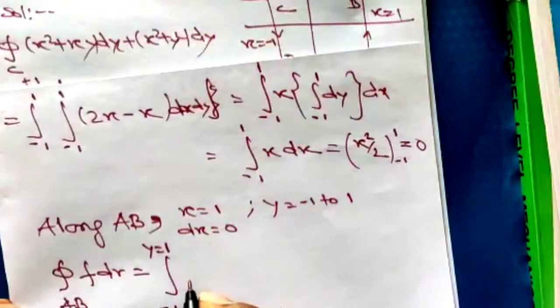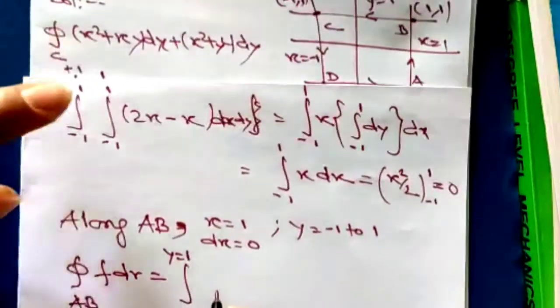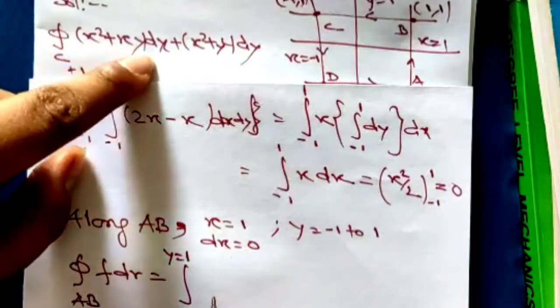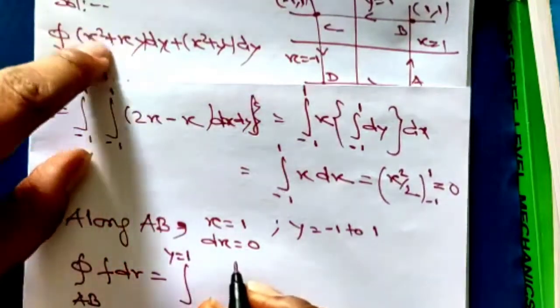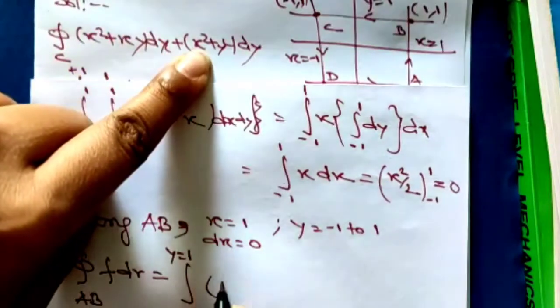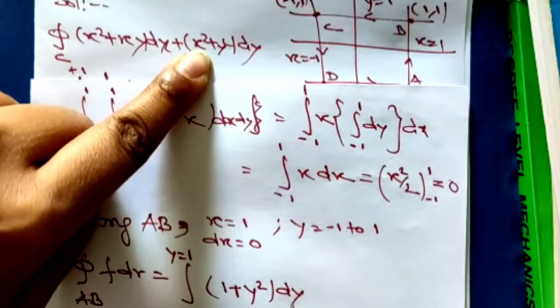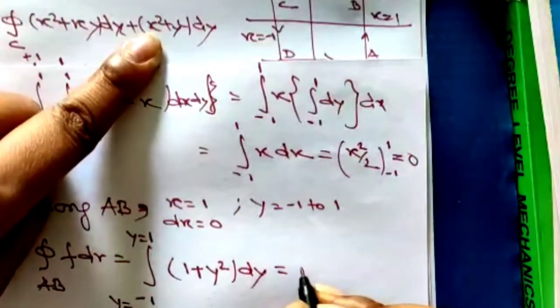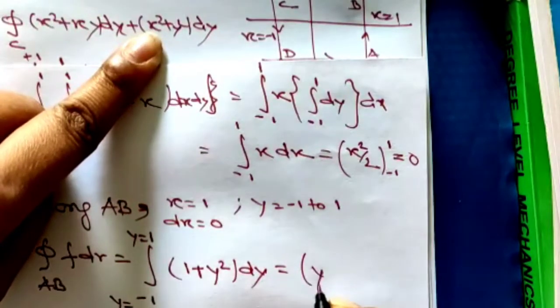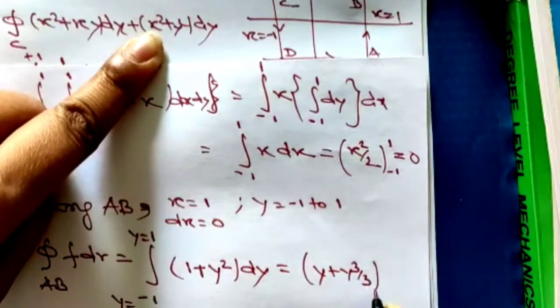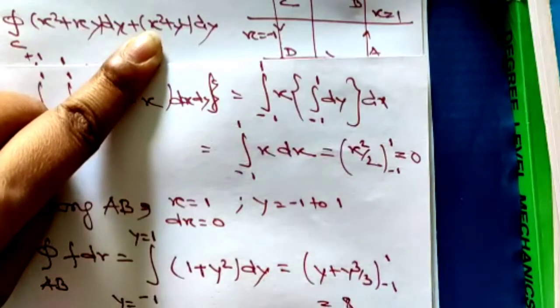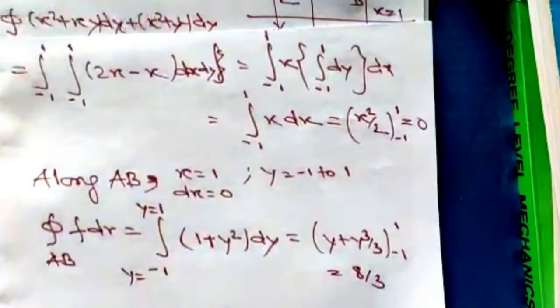Put the value in the line integral. Since dx is 0, this part becomes 0. The value of x is 1, that is constant, and y square is varying. After integrating it, we get y cube upon 3 from -1 to 1. The value is 8 upon 3.